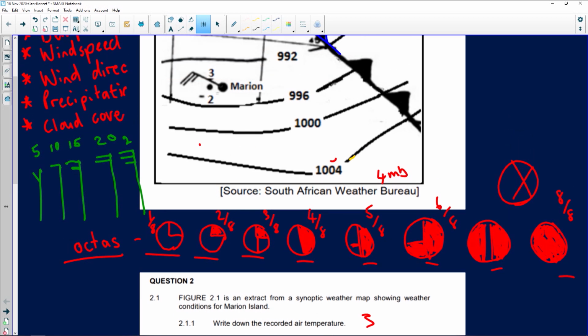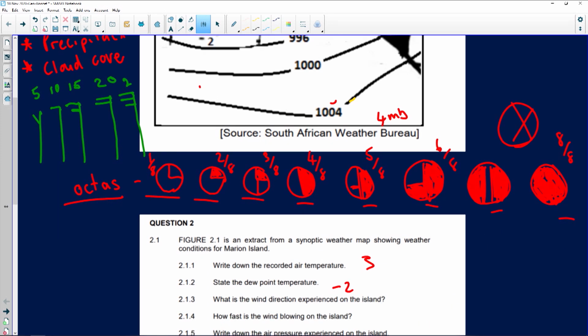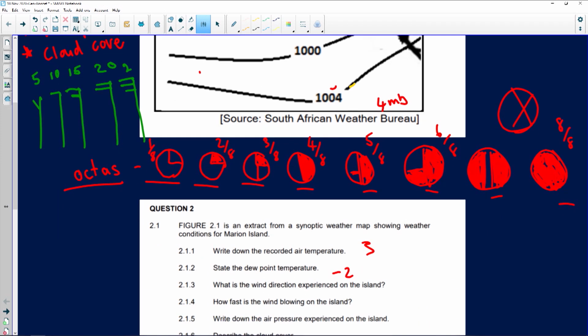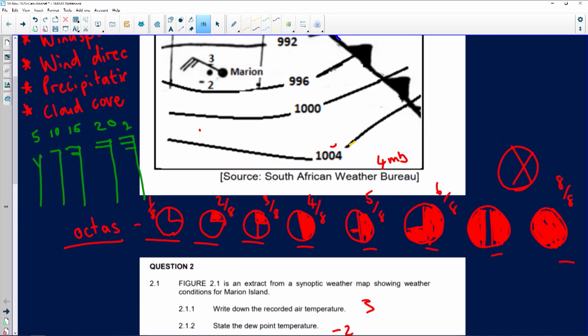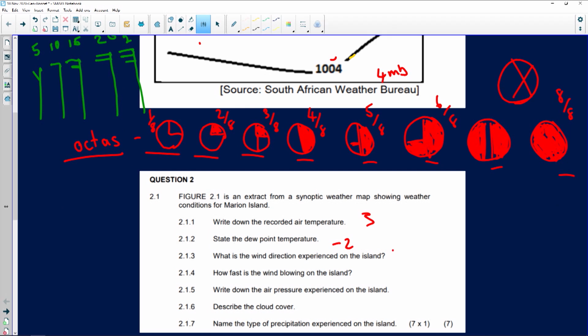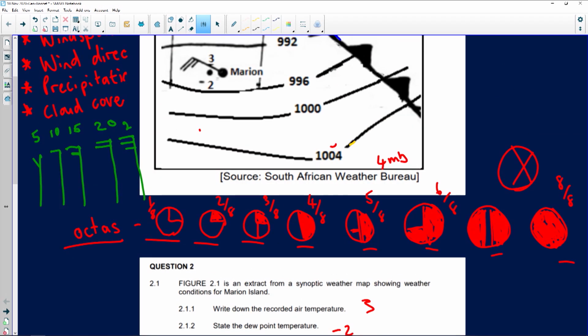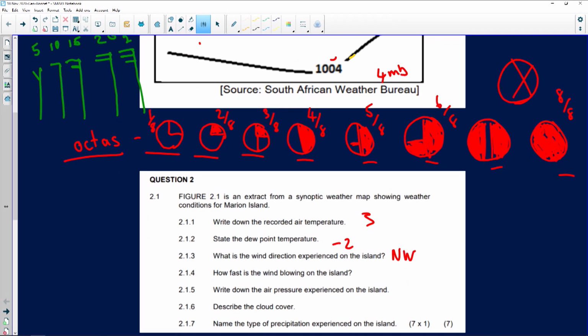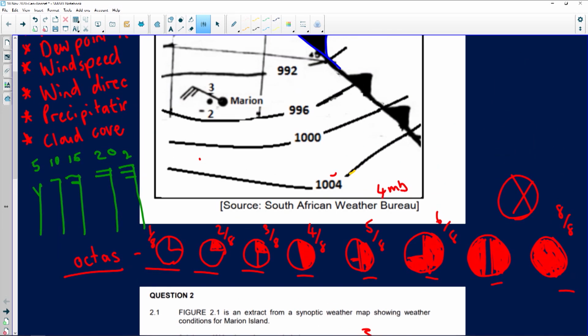Forgot to mention, look at the temperature, top left-hand side corner. You can't go and write it somewhere else. What is the wind direction experienced on the island? It's northwest. Then how fast is the wind blowing on the island? It's 10, 10, and 5.